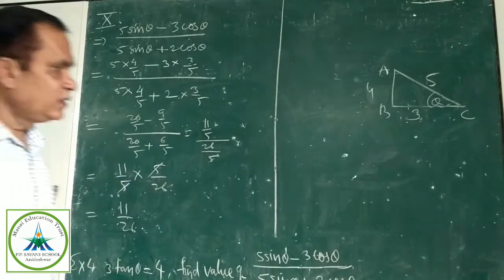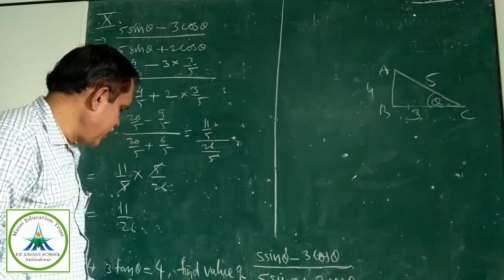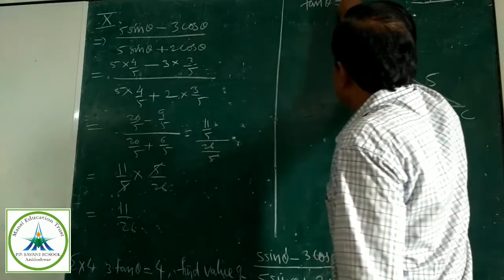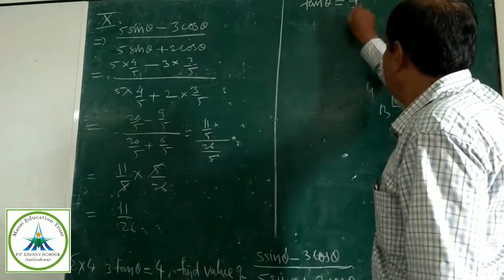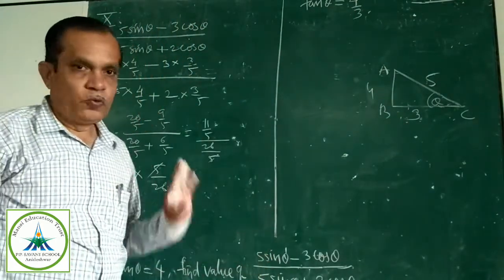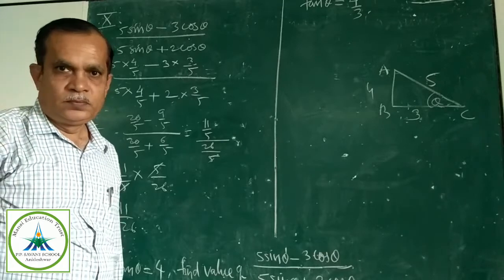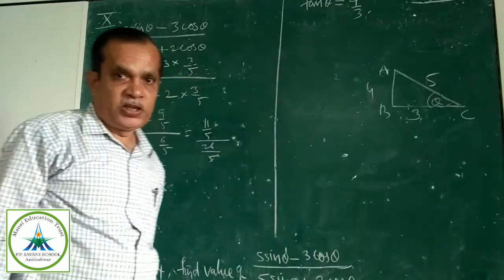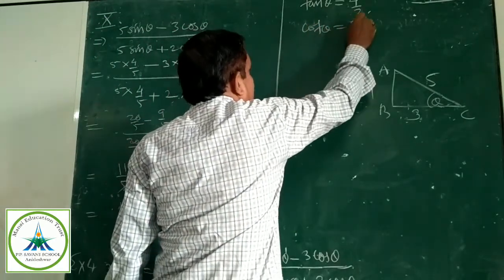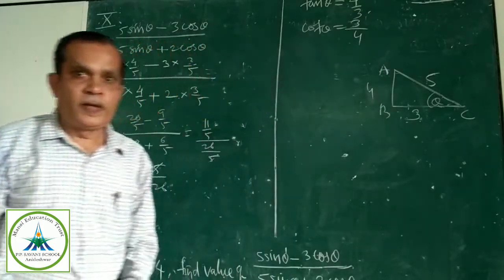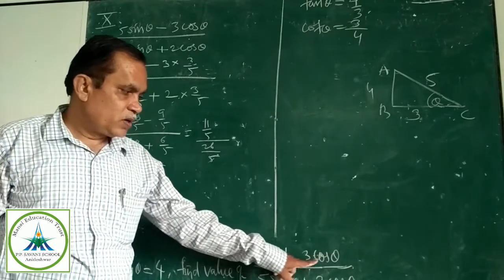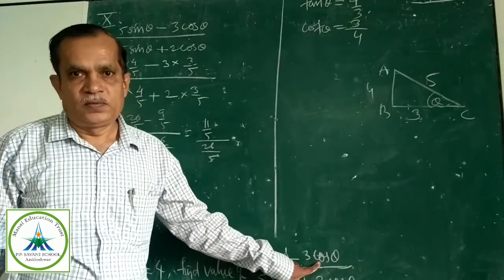Right? Now the other way, look here. I am given the value of tan theta. I can make cos into cot: if I know tan theta, I know cot theta. I can convert sine into tan or cos into cot.